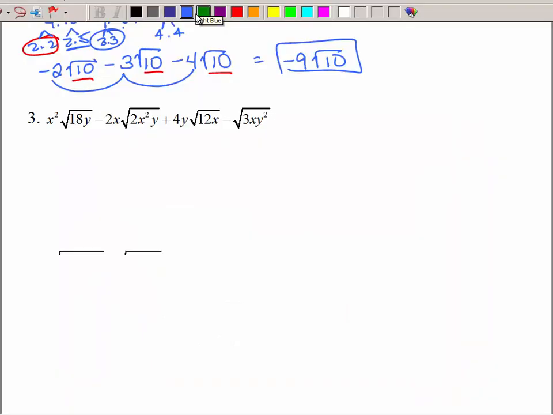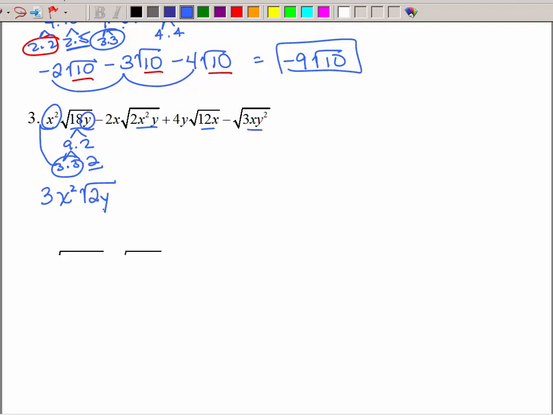All right, so simplify and collect like terms. Right, on number 3, now we see letters. Lots of different things, right? So again, obviously none of those radicals are the same, but can we simplify them? Right, so I'm going to break apart 18 as 9 times 2, 3 times 3 times 2. So I can take out a 3. Now, there's already an x squared out there, so I put the 3, I keep the x squared, then I have a 2 and a y.